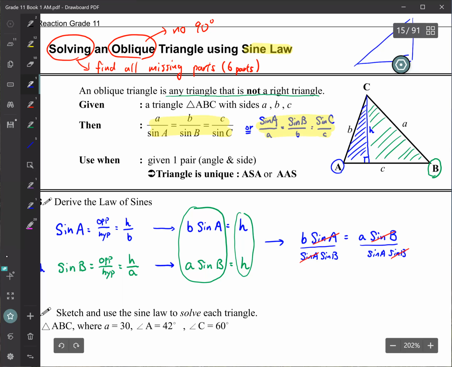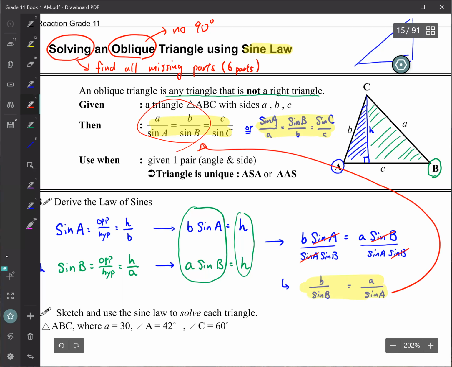Then what happens? You get B over sine B equals A over sine A. And this thing is our formula, right? A over sine A, B over sine B, right?